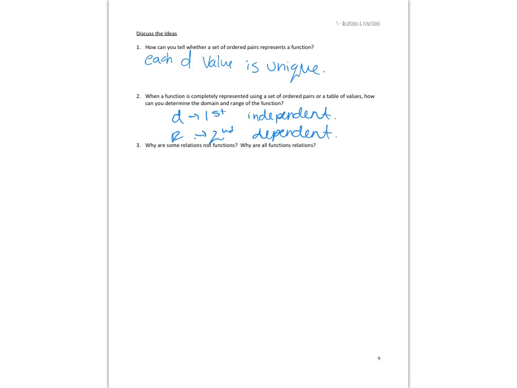Why are some relations not functions? Domain values could belong to more than one range value. So I drew a little example in my notes here. If I have 1, 4, and 9, we could say that these are all perfect squares, and so they are the square of this set of values: -3, -2, -1, 1, and 2. The problem here is that the square root of 1 could be +1, or it could be -1.